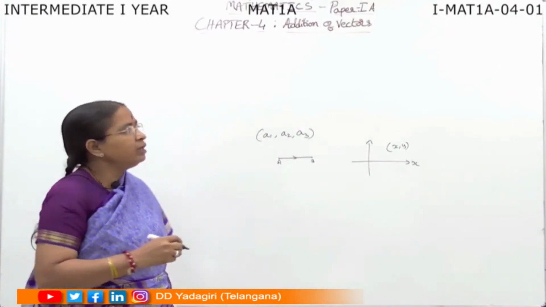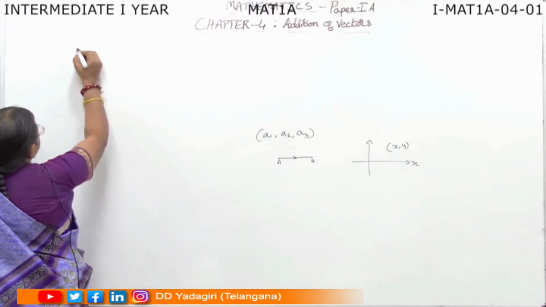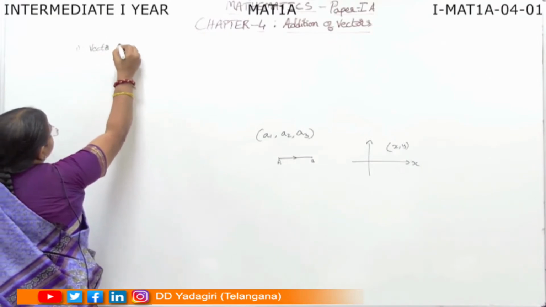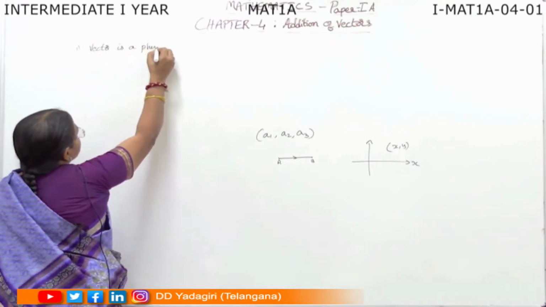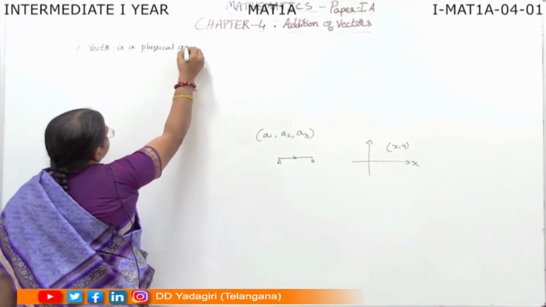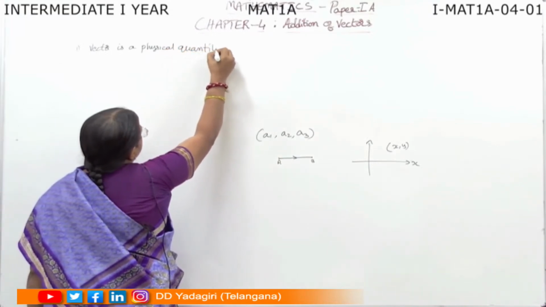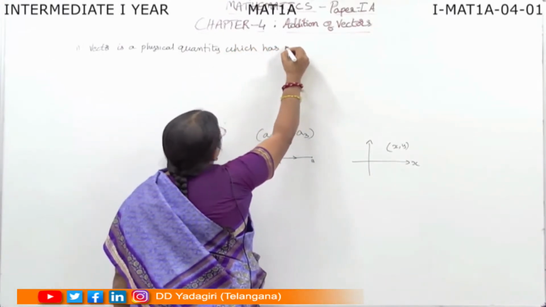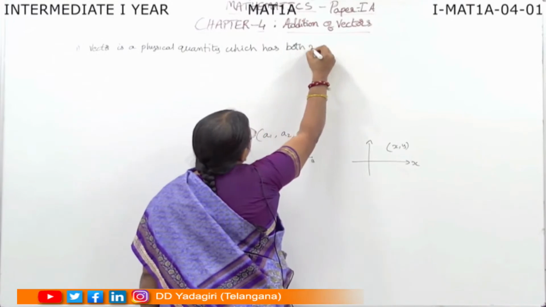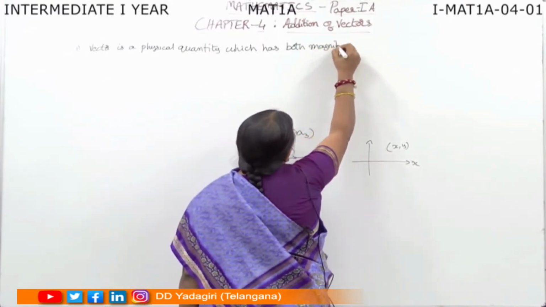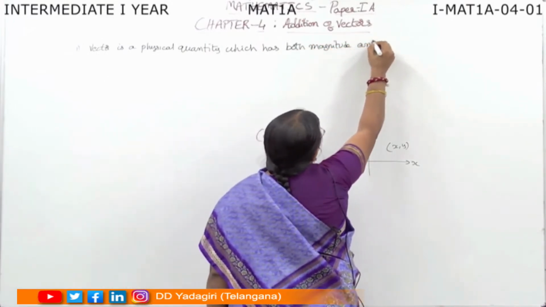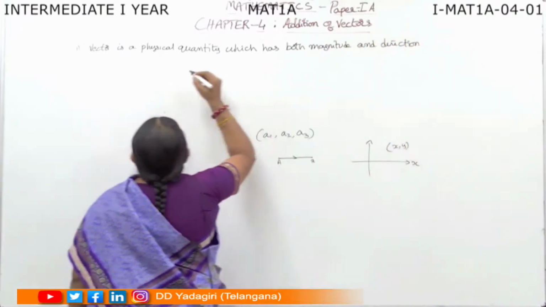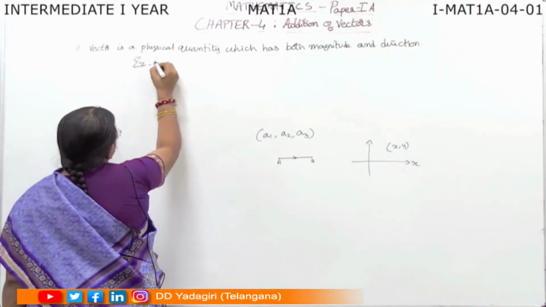Okay, so now we'll write the definition. A vector is a physical quantity which has both magnitude and direction.